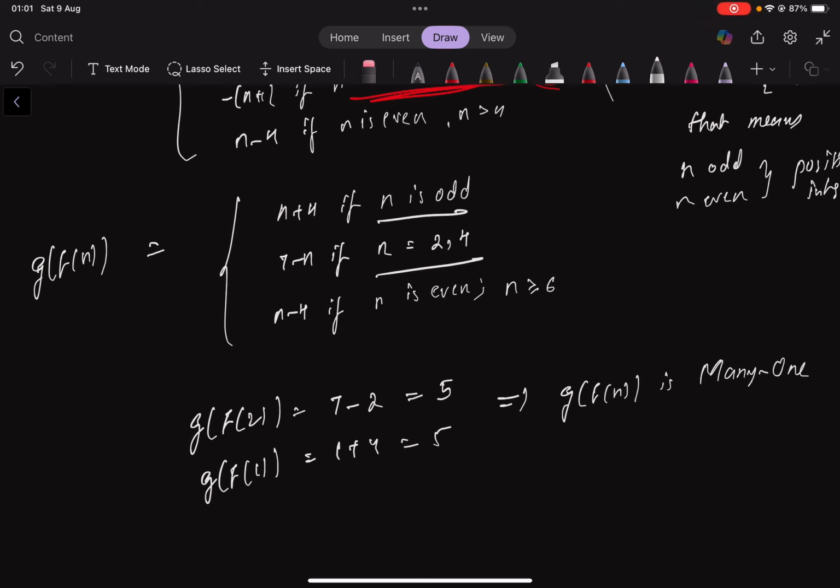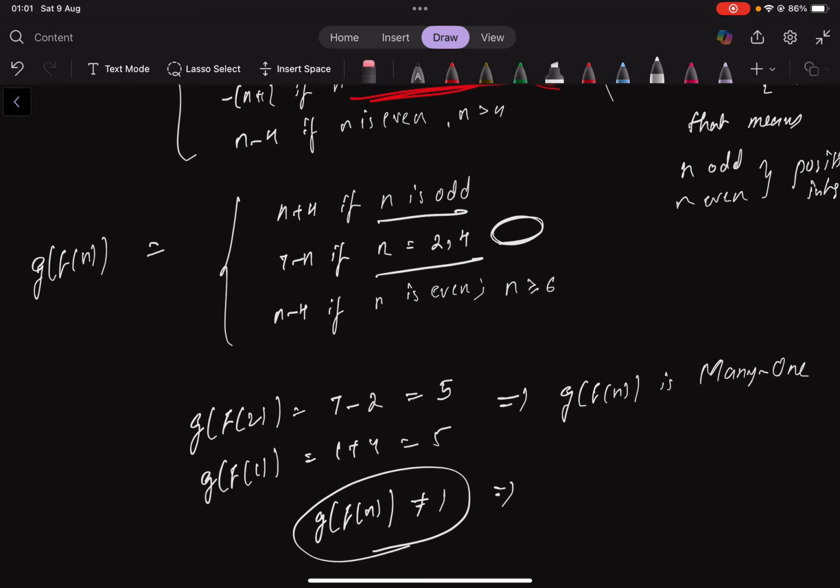Now to check whether it is onto or into, we can look for a counterexample. For example, I don't think g of f of n will be 1 at any point, because for n odd it is always greater than 4, and for n even it will become an odd number, but at least it will become 3.